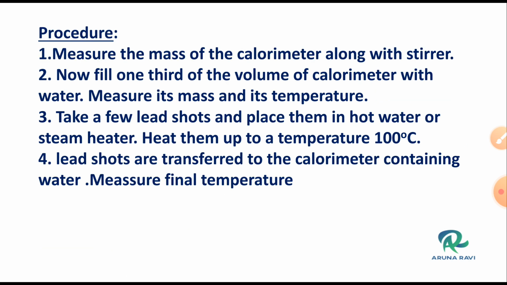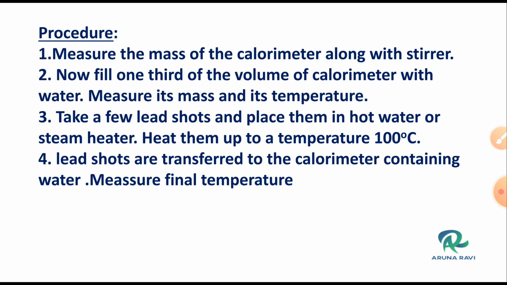And the procedure: we had taken readings, so just write it down. Don't mug up all these things. I took an empty calorimeter and weighed it as M1, and afterwards I weighed the calorimeter along with water, that is M2, and afterwards I weighed the calorimeter with the water and bolt, that is M3.